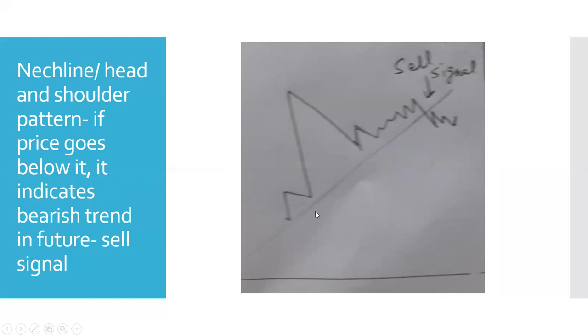This is usually an indicator of reversal in trend. After a long upward trend, if prices form a head and shoulder pattern, this is a sell signal, because there is an indication that prices may now start moving in a downward direction, right? So this is a sell signal in the market. Sell your holding, because a bearish trend may start in the market.